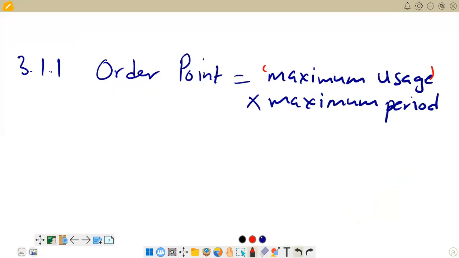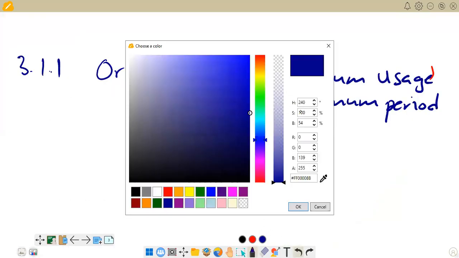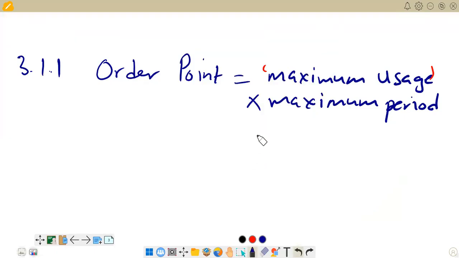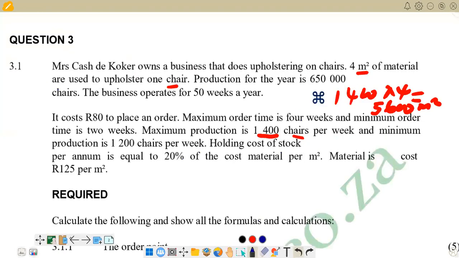So if you come here now, we are saying maximum usage is now equal to 5,600 meters squared. And then we are supposed to multiply by the maximum period. So for the maximum period, we go back again to check what we have. You would see that we are given that maximum order time is 4 weeks here.